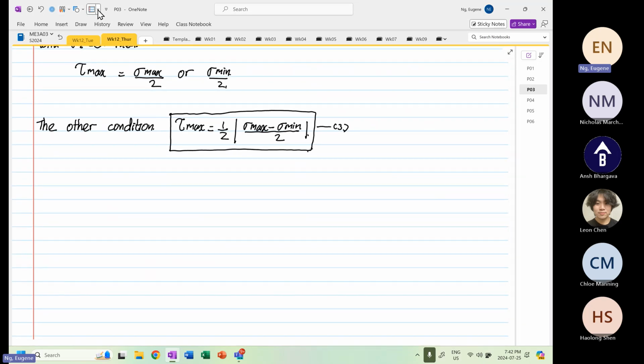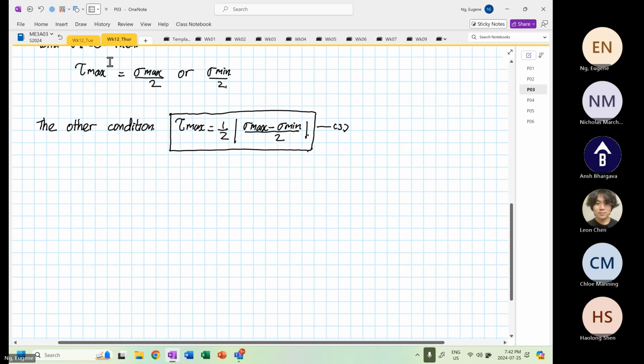I'm going to construct an element first. So on an element now, this is our x, y, and this is our z. For this case, we are going to have an element in 3D, where this is stress x, and then we have a shearing stress.